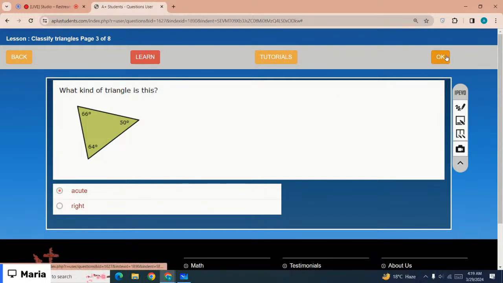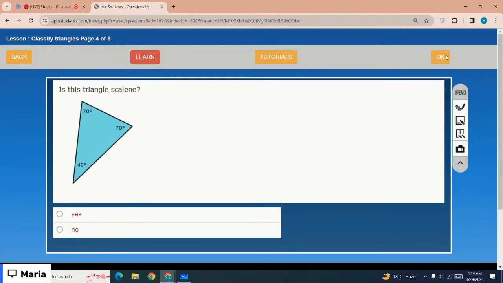Yes, that is an acute triangle. Is this triangle scalene? No, this isn't a scalene triangle, right?